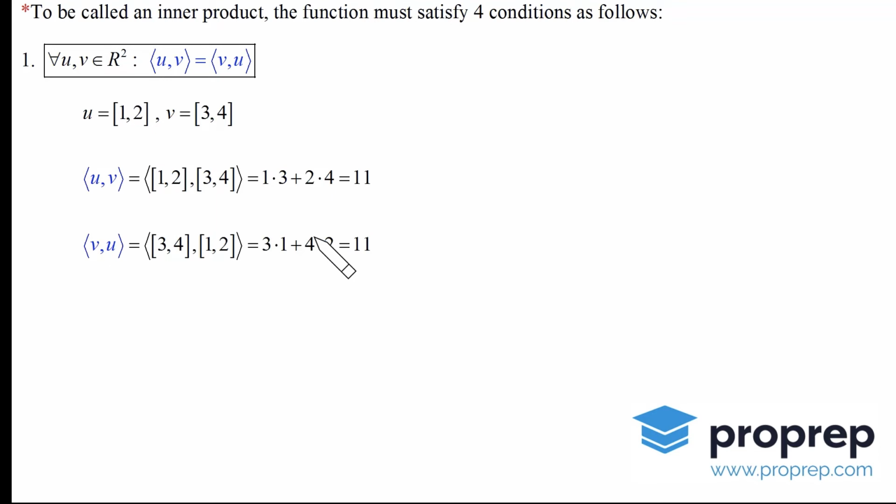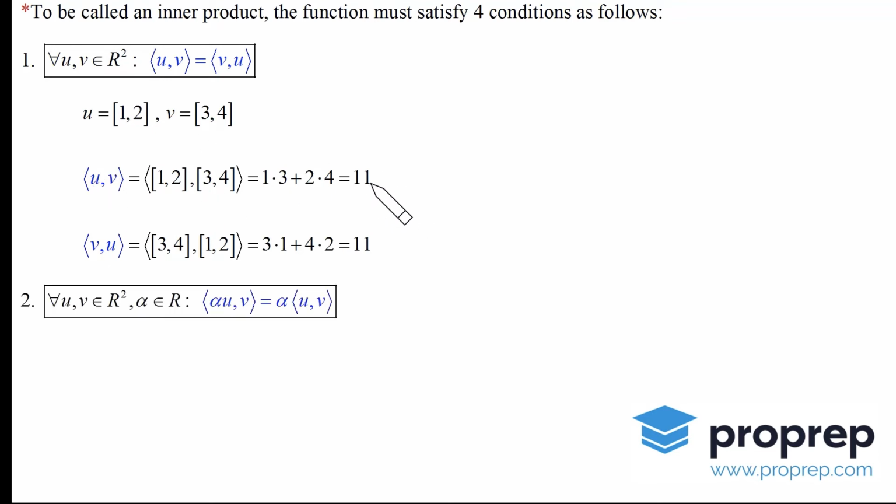Obviously, it's going to be true in general. And by the way, I should have mentioned this upside down A. I presumed you know what it is, but in case you don't, it means for all. So here, for all u and v, and that's the set theory belongs to, for all u and v in R2.